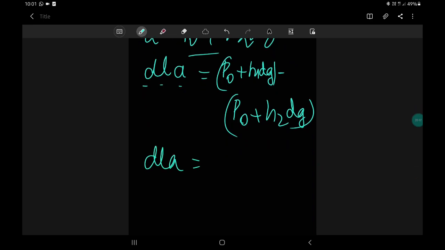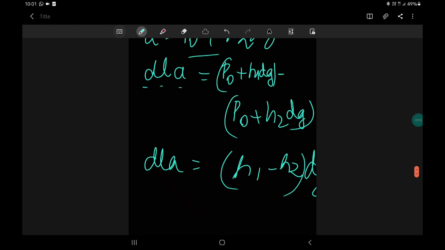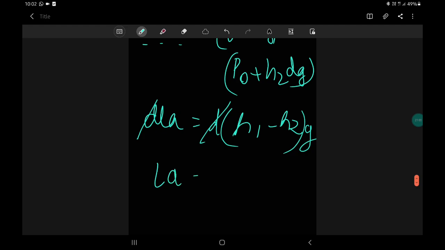What you will get, dLA is equal to h1 minus h2 into dg, right? So density gets cancelled. So what you will get, LA is equal to h1 minus h2 into g.